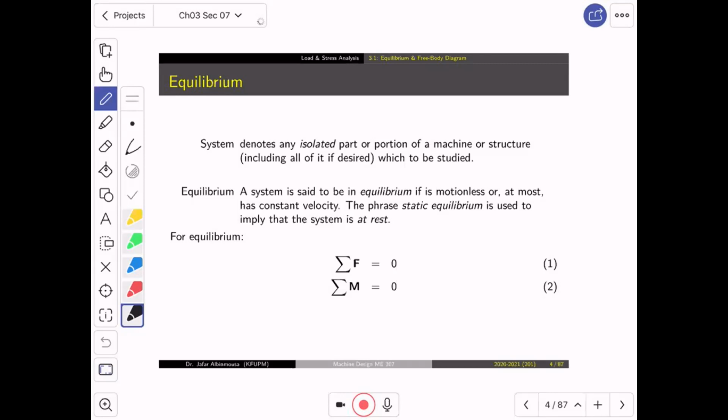So you all know that whenever we want to analyze a problem, it's very important for us to deal with equilibrium. Why? In machine design, mostly, we are going to deal with equilibrium. Summation of forces equals 0 and summation of moments equals 0. These are the two fundamental equations.